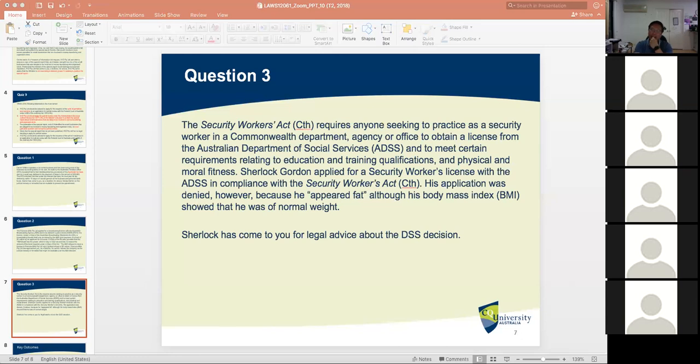I agree with that. If the court quashes the original decision, it will likely be the case that the ADSS will now have to assess his application according to the law, especially because the court will normally provide directions on how the ADSS should act.